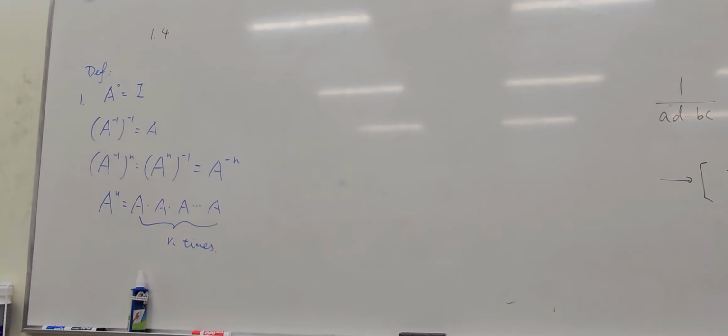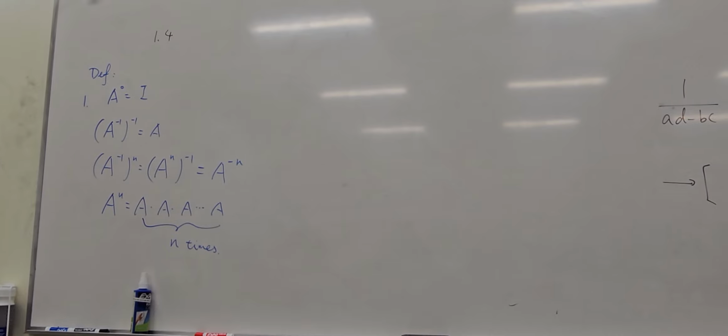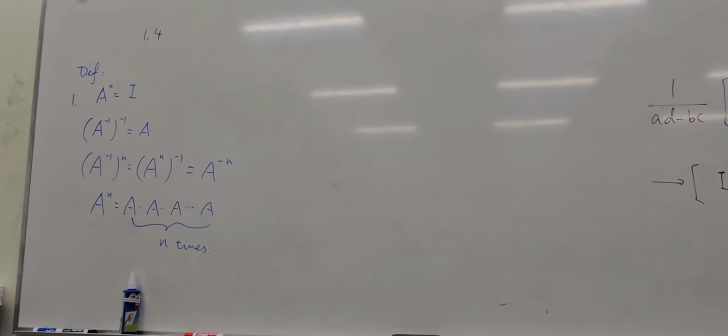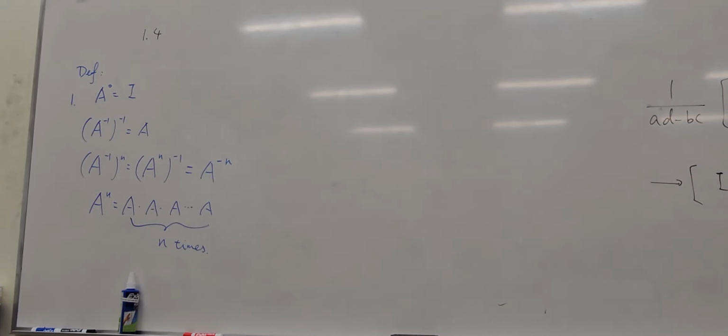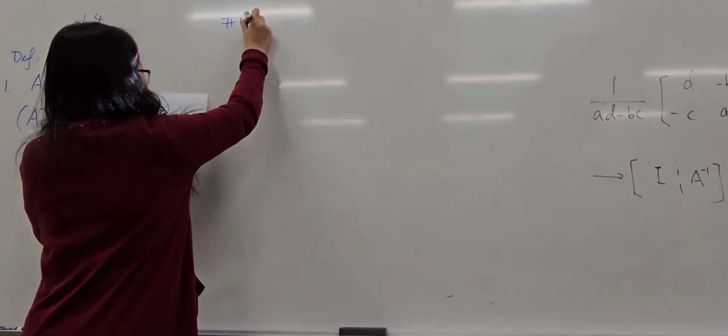Number 17, they ask you, exercises 15 to 18, use the given information to find A, okay? Can you guys see it? If you cannot, let me know, okay? This is number 17, okay?